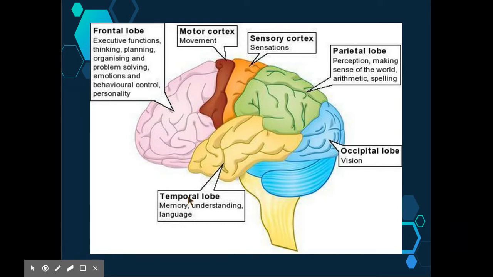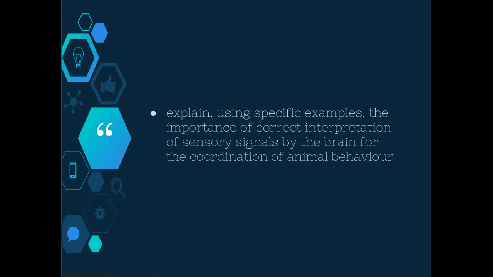which brings us to looking at all the 3 things that we have looked at throughout the topic and how the brain functions in being able to perceive and interpret those messages. Lastly, the very last dot point that we need to look at for HSC biology is explain using specific examples the importance of the correct interpretation of sensory signals by the brain for the coordination of animal behaviour.